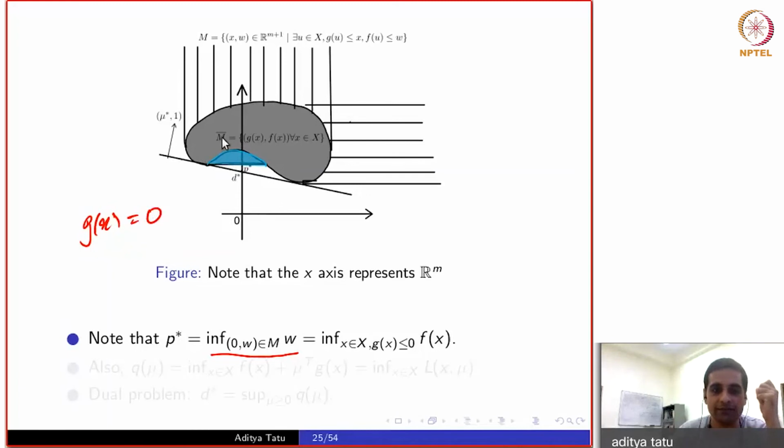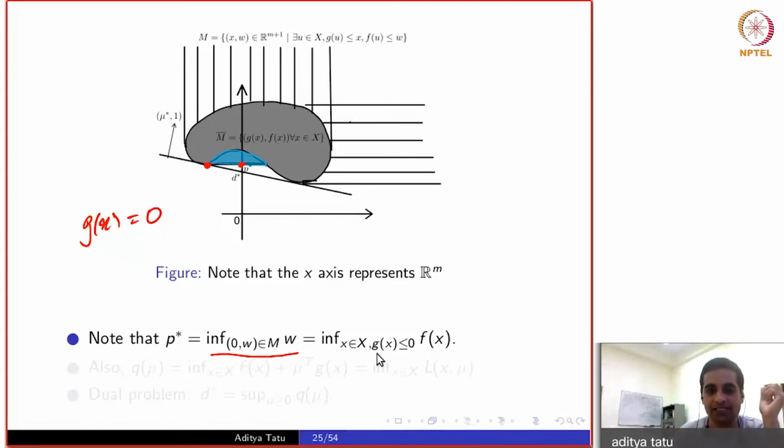What is the difference between M bar and M? If I have this point, then this point is in my M, but this point is not in M bar. And when will this point be included in M? If there is some point in M bar to the left of it, which means I'm just comparing the x coordinate.